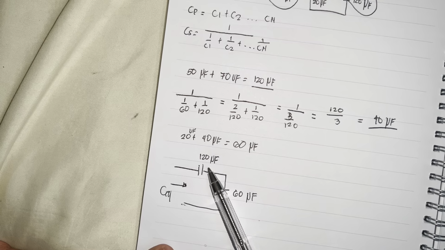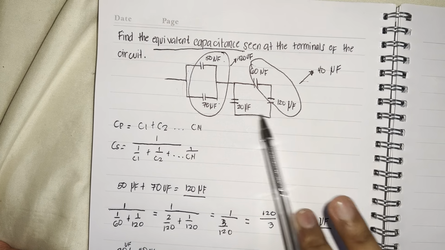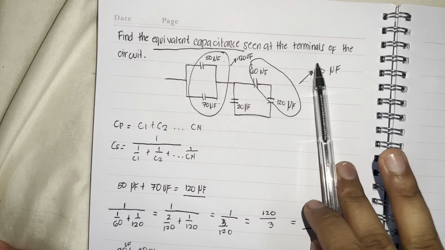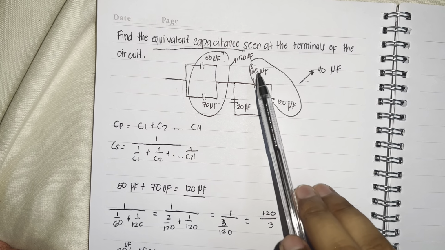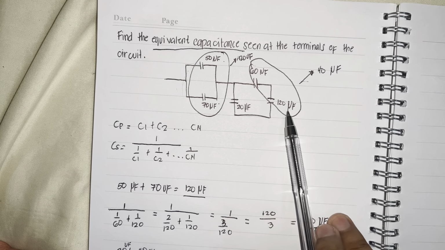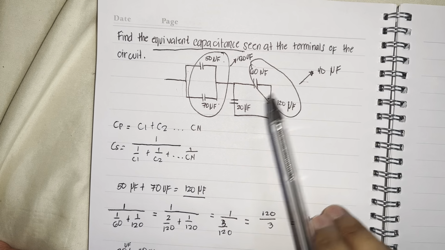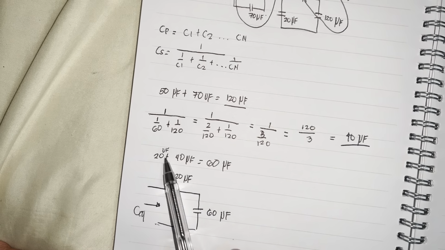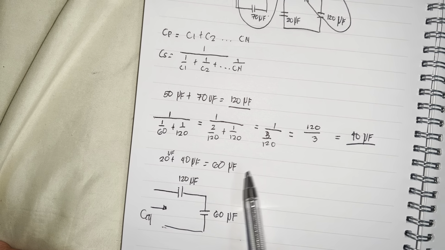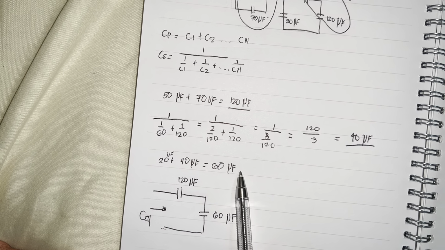Karon atuan naman ning total tanan pod, which is first gi series nato ning duha. Nakuha nato ang 40. Pagkakuha sa 40 ato di siya gi parallel, so which is kani. So 60 microfarad.